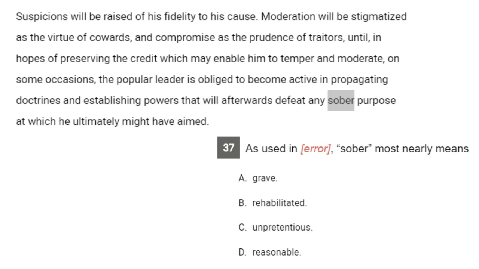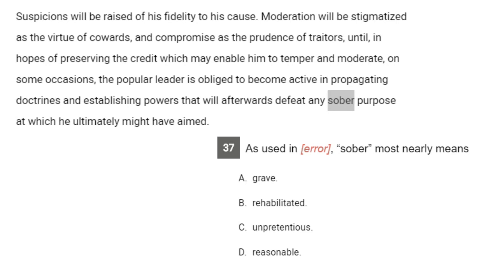In this passage, sober most nearly means A, grave, B, rehabilitated, C, unpretentious, or D, reasonable. This is one of those passages with some outdated or different wording.